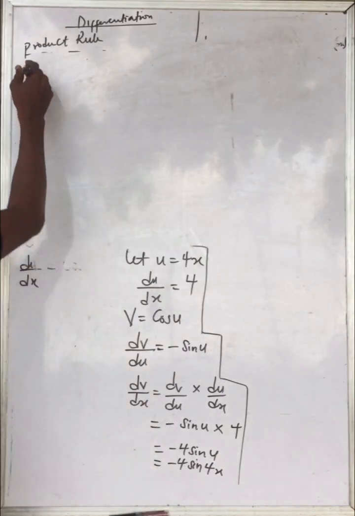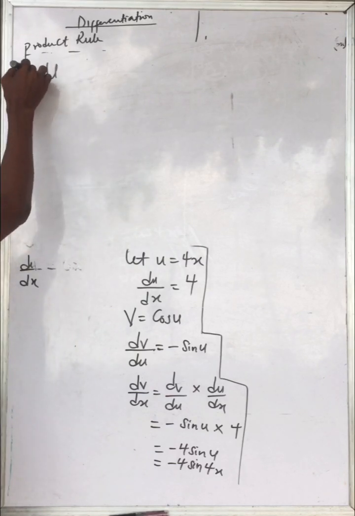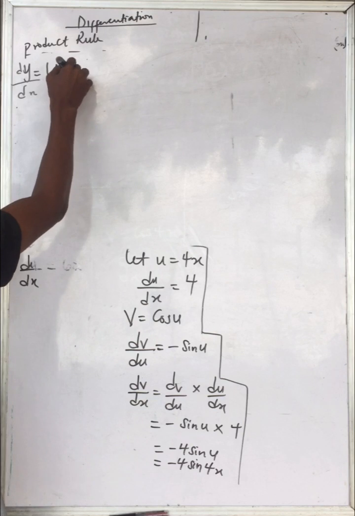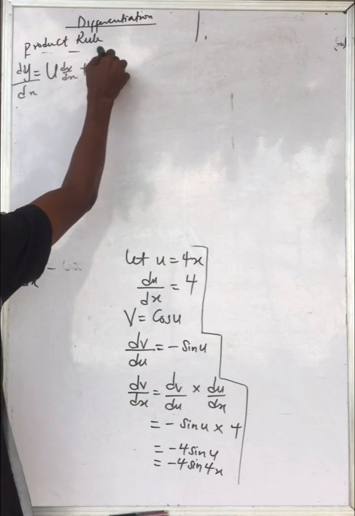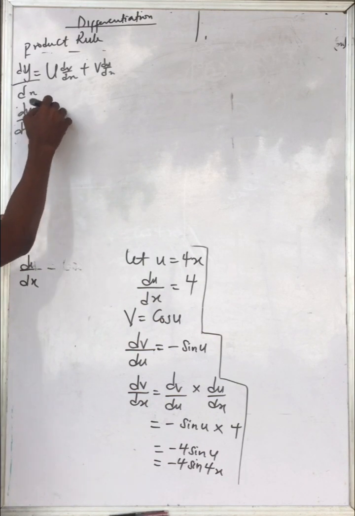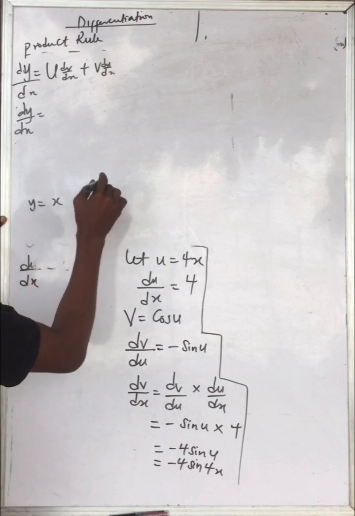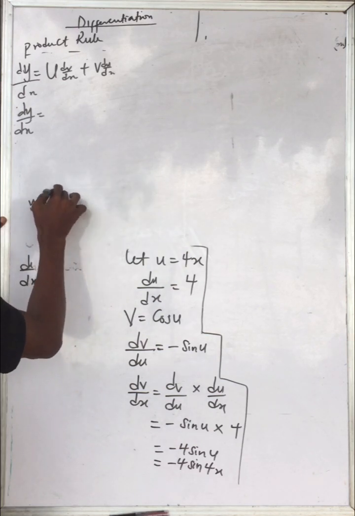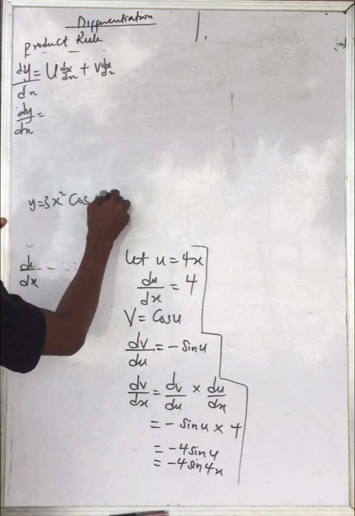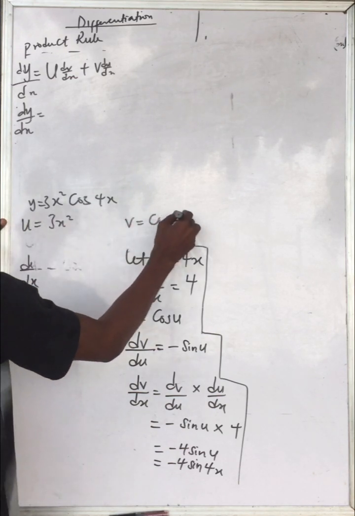Let me introduce the formula again. We are using: if y is uv, dy/dx is u dv/dx plus v du/dx. So dy/dx will now be u, since I gave you y is 3x squared times cos of 4x. So when I said u is 3x squared, likewise v is cos 4x.